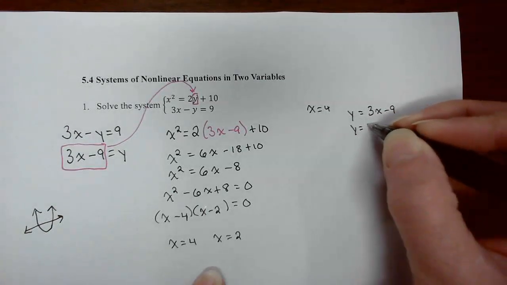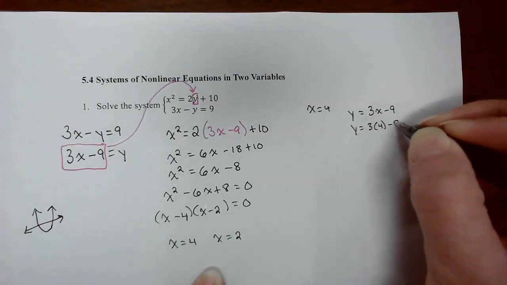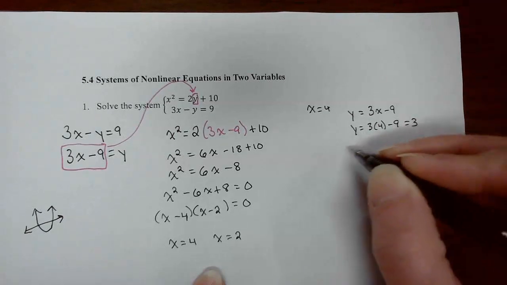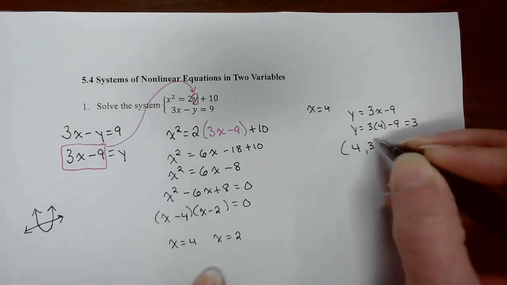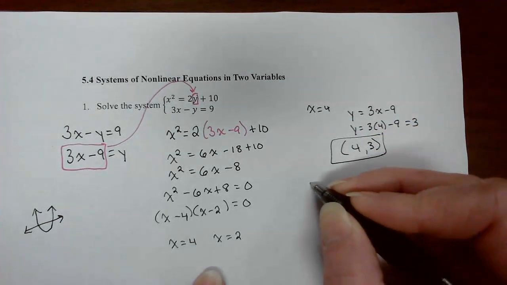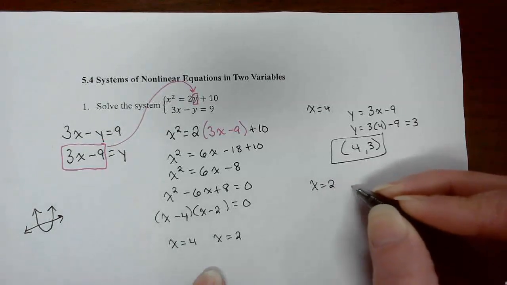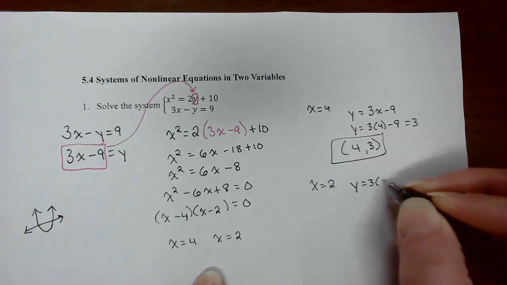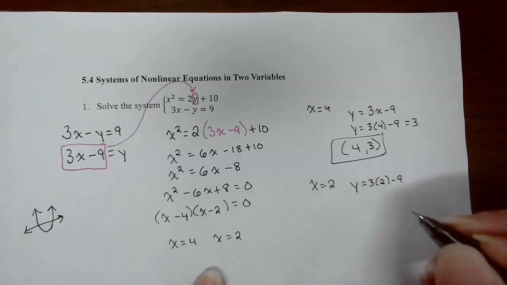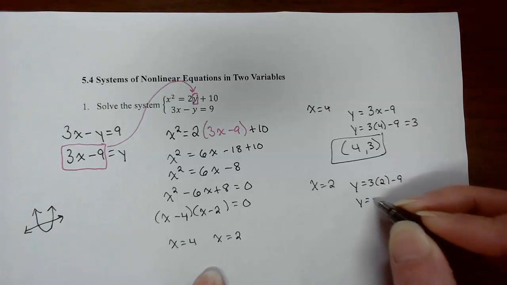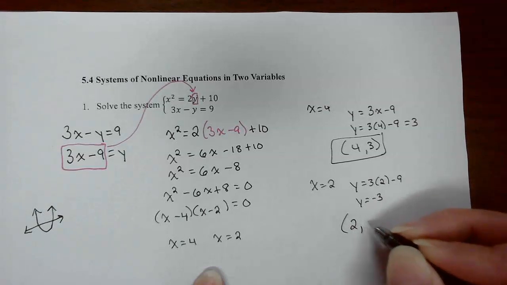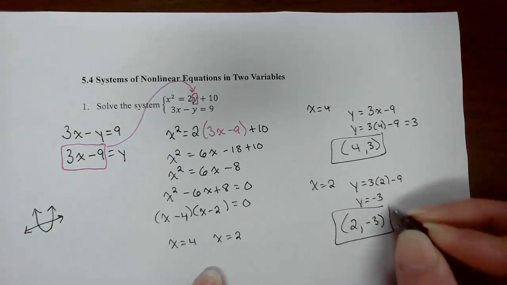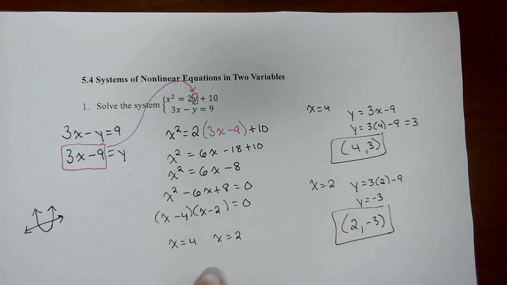So if I plug in 4, 3 times 4 minus 9 is 3, so I have the point 4, 3. The other point has an x value of 2. So 6 minus 9 is a negative 3, so I have the point 2 comma negative 3. So there's 2 points for our solution.